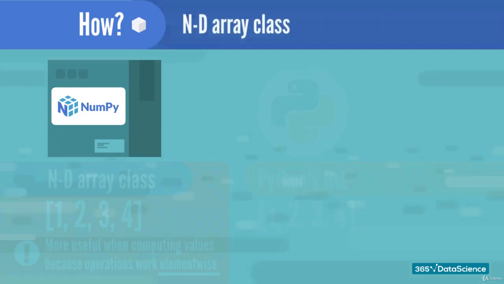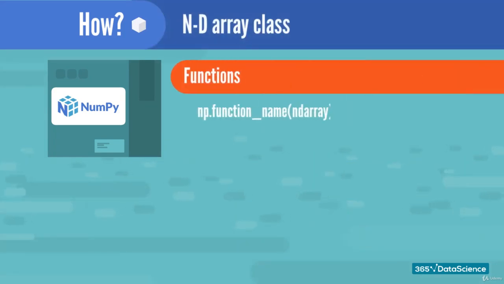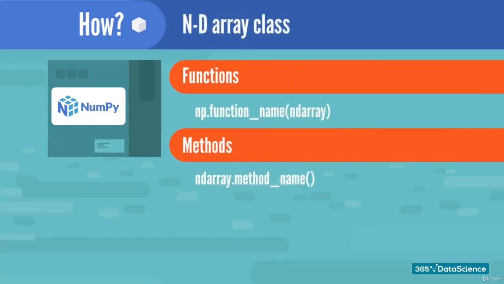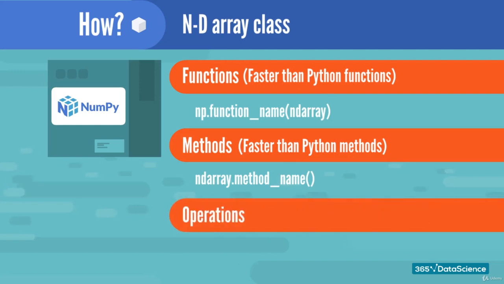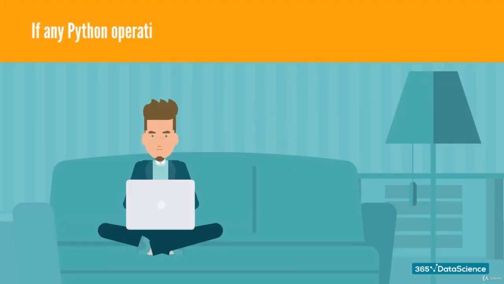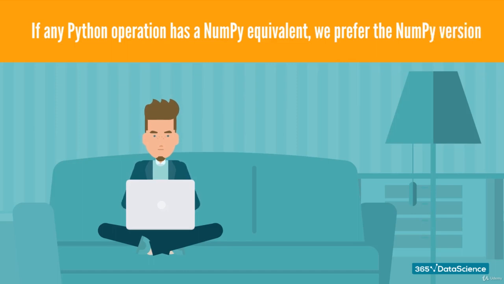Apart from that, NumPy is full of useful universal functions and methods designed specifically for working with ND arrays. Unlike general Python functions, they usually compile faster or offer great convenience through two operations we will soon learn about: broadcasting and typecasting. Essentially, if any Python operation has a NumPy equivalent, we prefer the NumPy version because it's tailored towards the data format we're currently using.